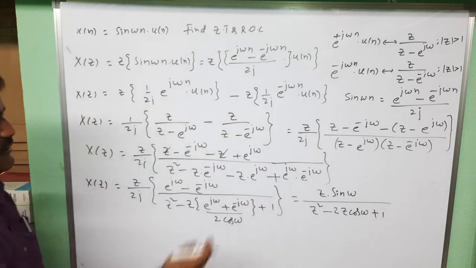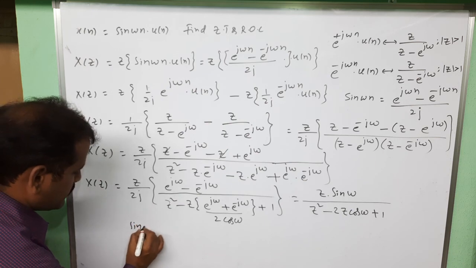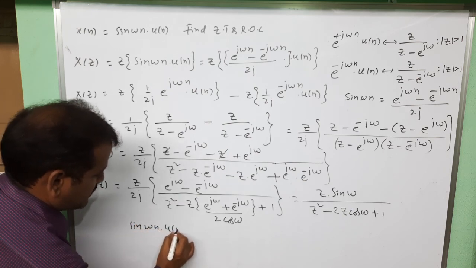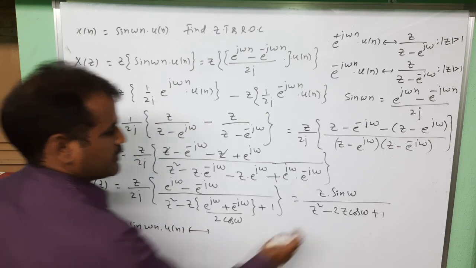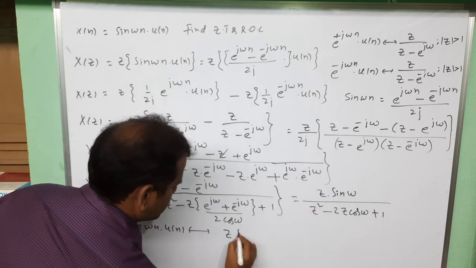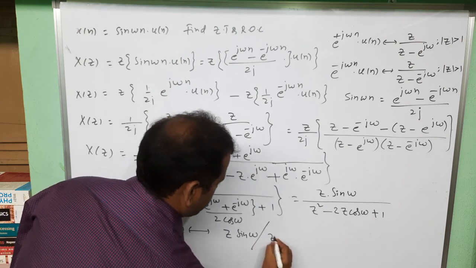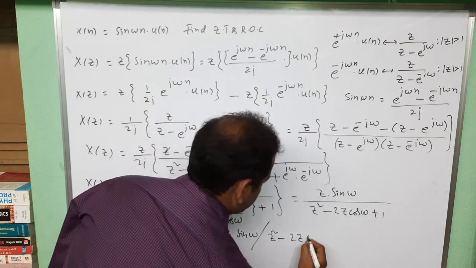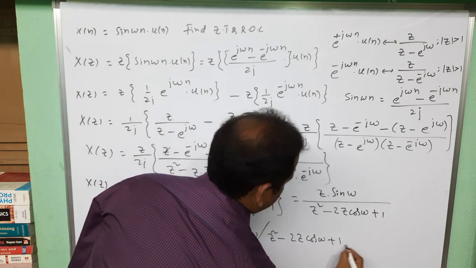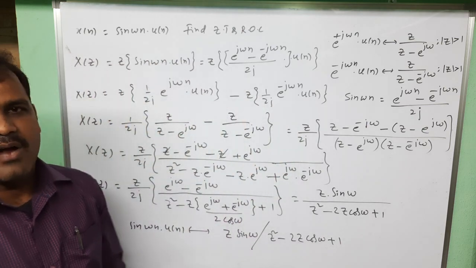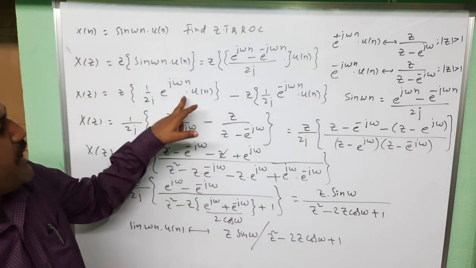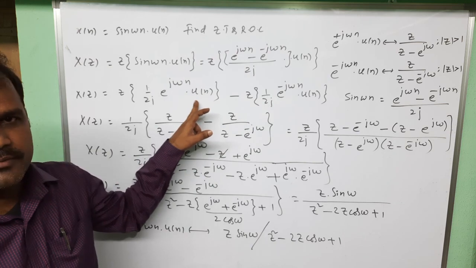This is what we get, z transform finally. What is x of z means? So sin omega n u of n z transform. Finally we are getting z sin omega divided by z square minus 2z cos omega plus 1. And what is the ROC means? Here we are using these two functions in z transforms.